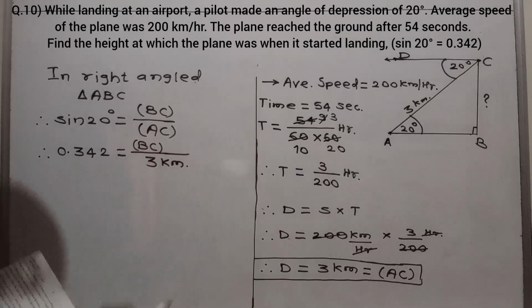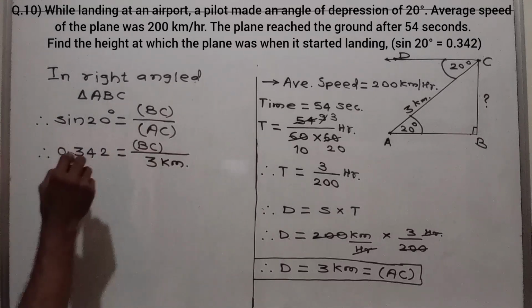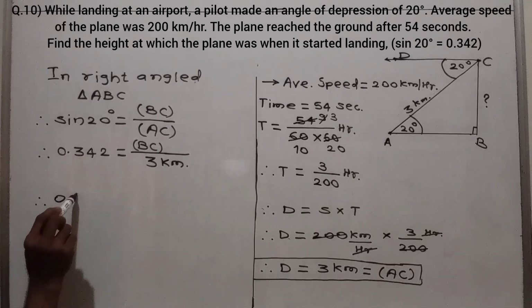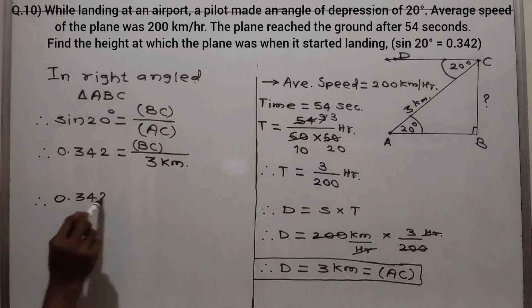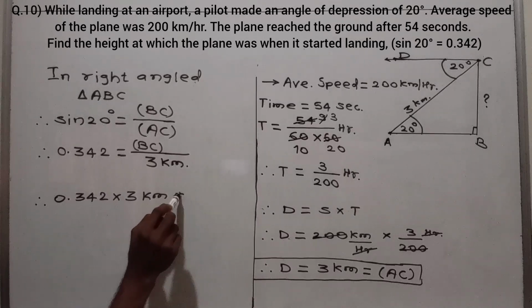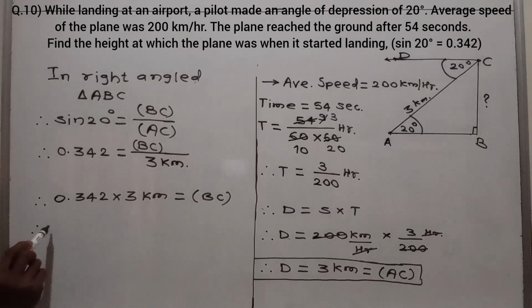Okay, now cross multiplication, or we take this 3 to the left side. Therefore 0.342 into 3 kilometer is equal to BC.